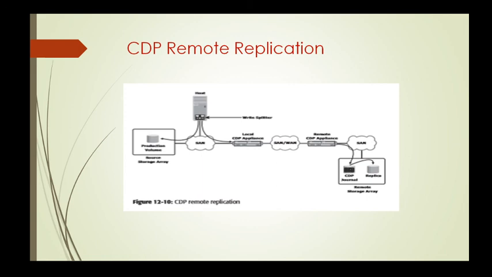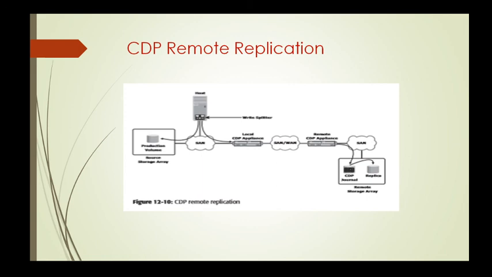A write splitter is installed on the host, which performs the replication process. In the remote storage array, we have a CDP journal and a remote replica. The data from the remote CDP appliance comes to the CDP journal, and this data is then moved to the replica within the storage array at predefined time intervals.